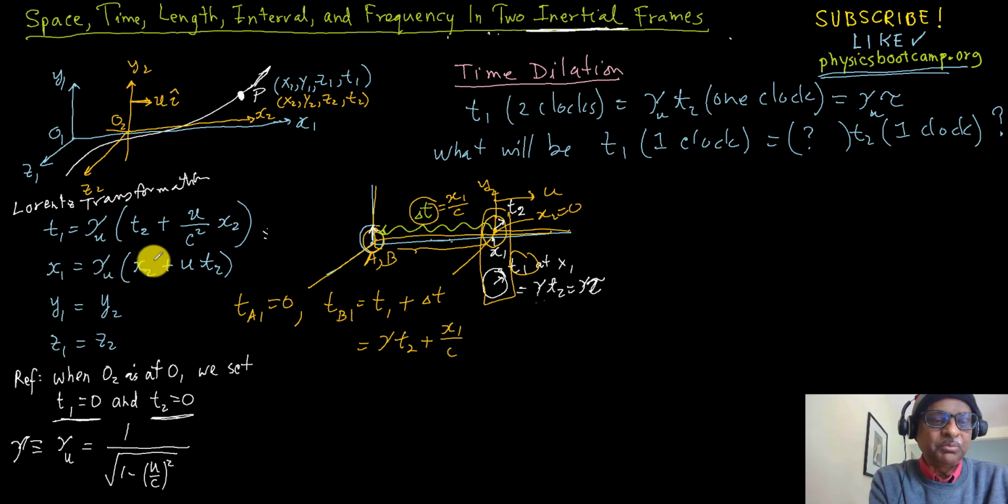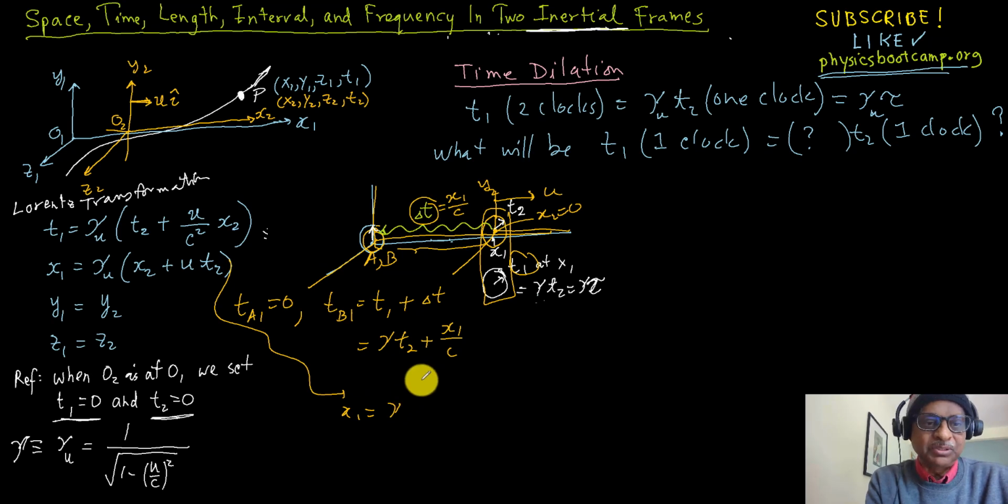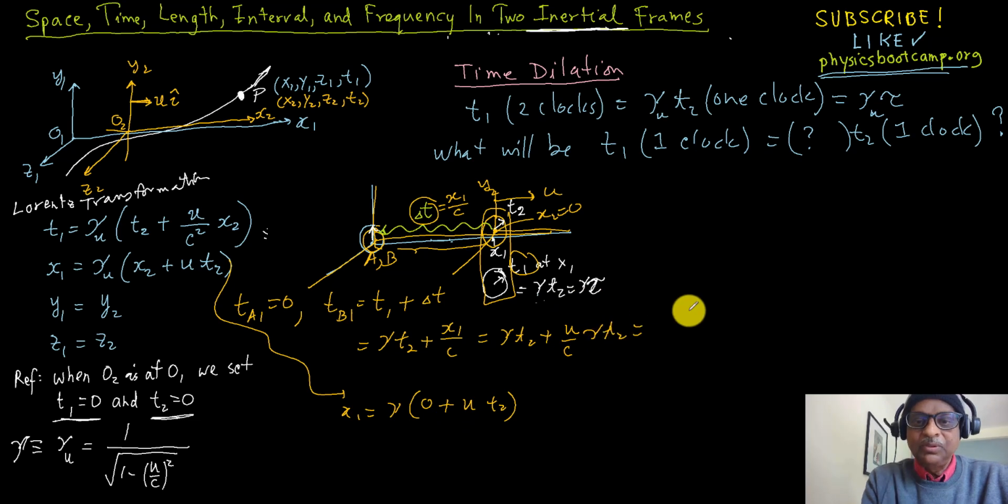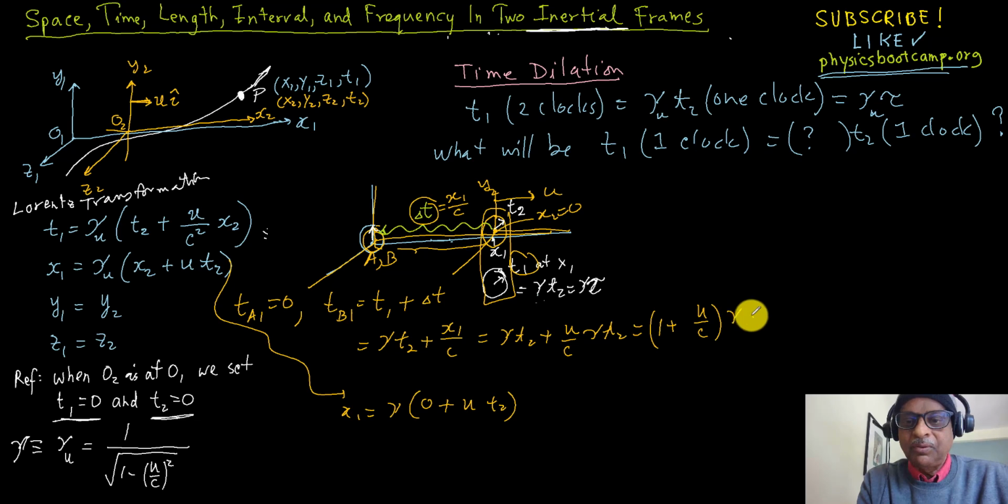X1 will come from here again, just using this. X1 is going to be gamma, I'm just going to use gamma, not gamma u or something like that. This is 0 plus u t2. So we can see gamma t2 plus gamma u over c gamma t2. So 1 plus u over c gamma t2.